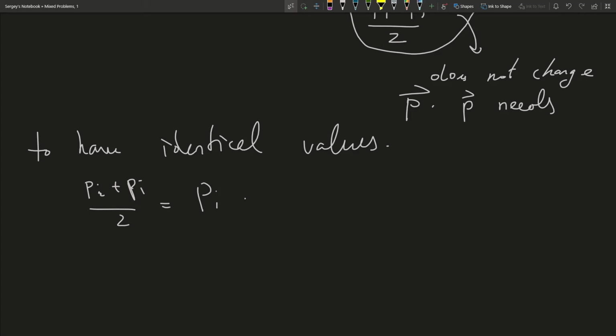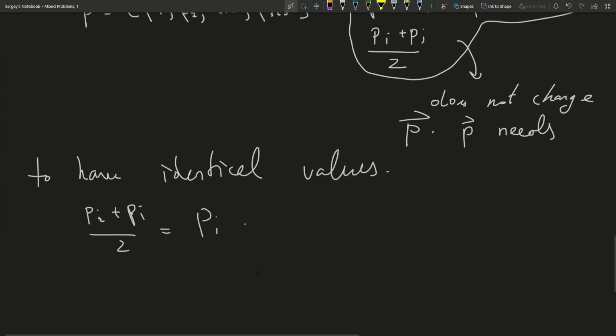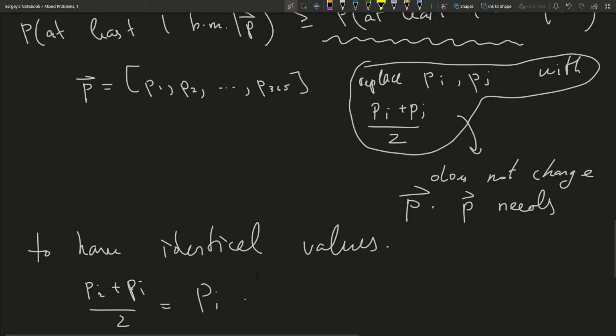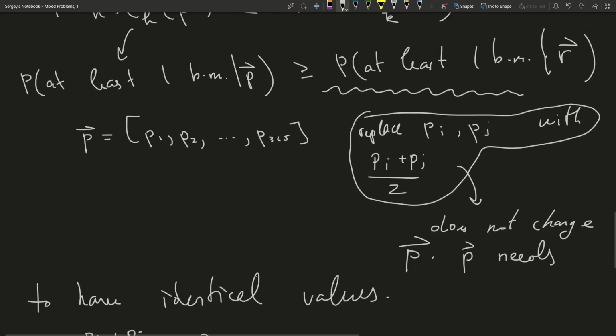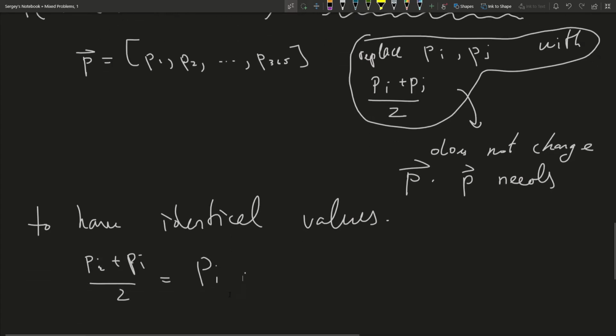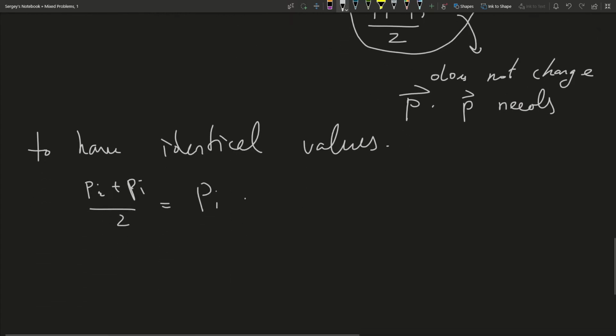And this is what we want. We want the scenario where if we take two values in P and replace them with their average, we don't actually change P, because if we do change P, then we potentially, as we showed, reduce the probability of at least one birthday match. And so, as we just said, we want the values in P to be all the same.